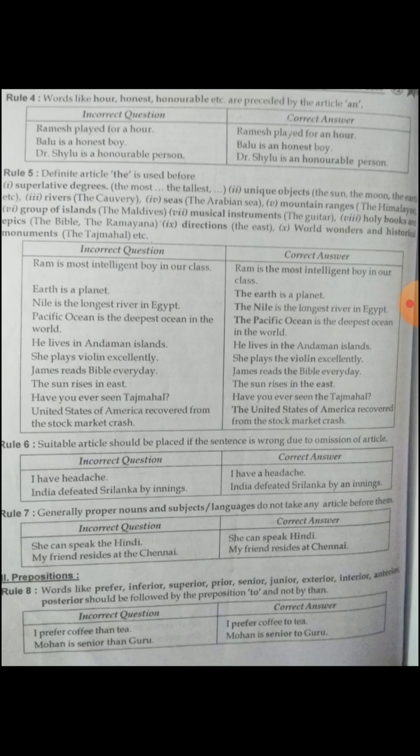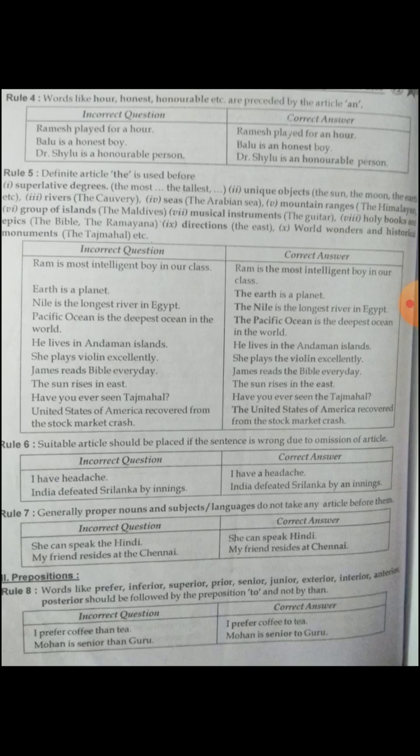So honest, honorable, we have to use an. A hour changed to an hour. A honest boy, an honest boy. A honorable man, an honorable person. So these are the changes in articles a and an.